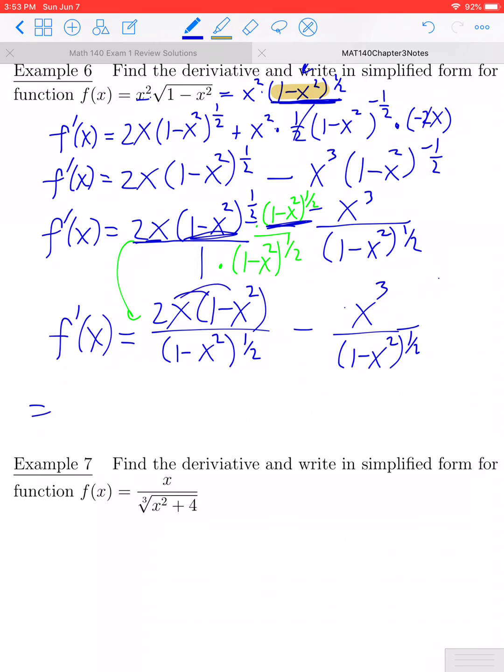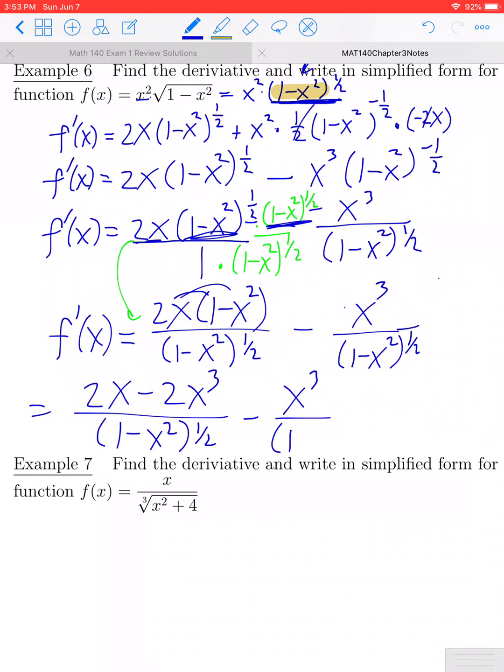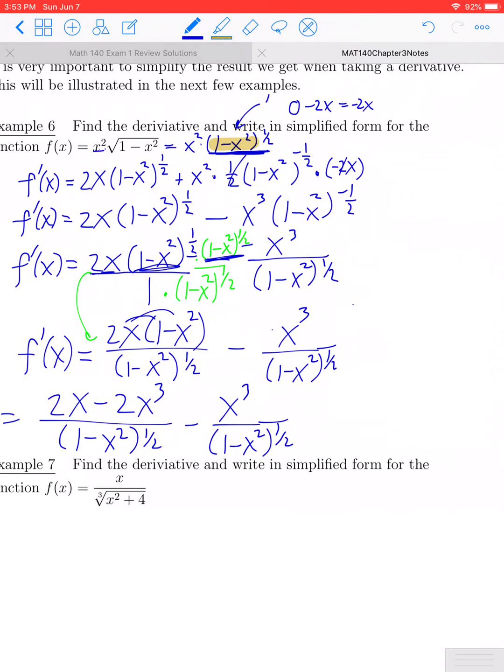I'm going to distribute this in. This is 2x minus 2x cubed all over 1 minus x squared to the 1/2 minus x cubed times 1 minus x squared to the 1/2. And now that we have a common denominator, we can go ahead and subtract the numerators.